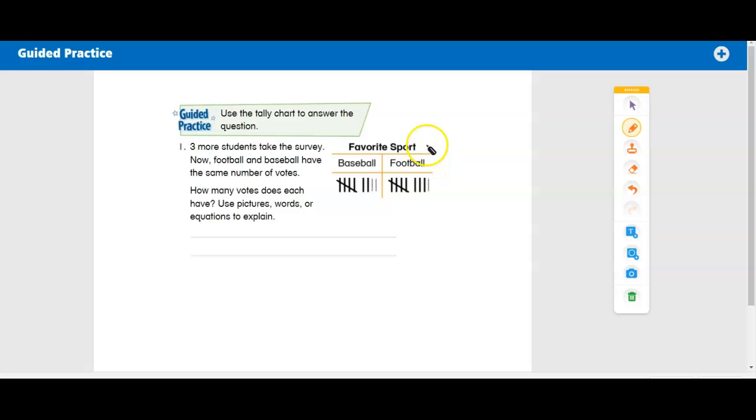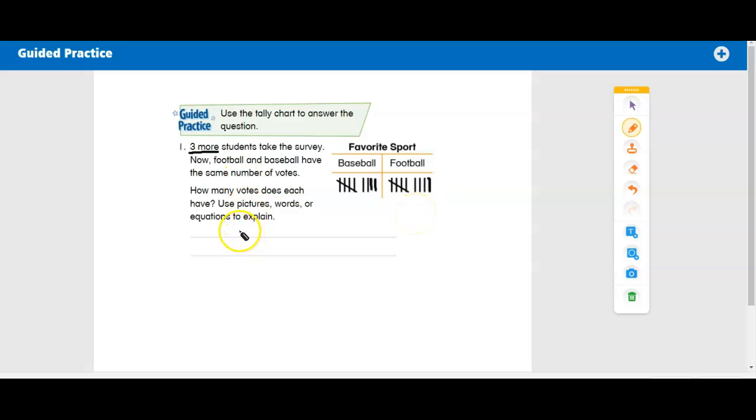In our tally chart, it says favorite sport, and we have baseball and football. It tells us that 3 more students took the survey. So here we can see that 1, 2, 3 tally marks have been added overall.